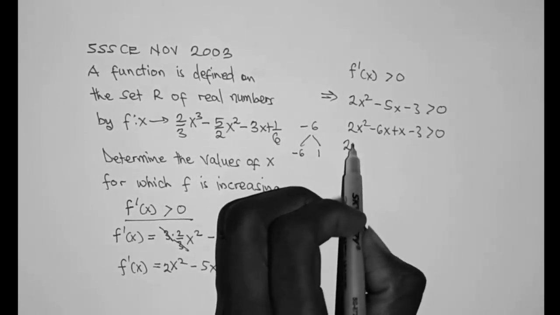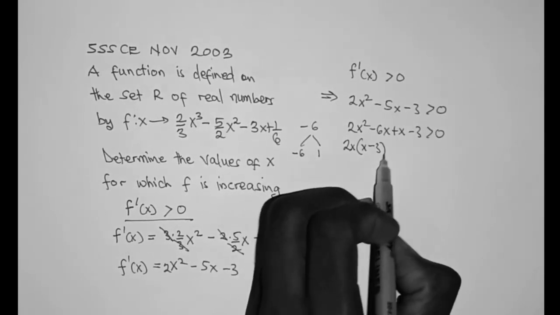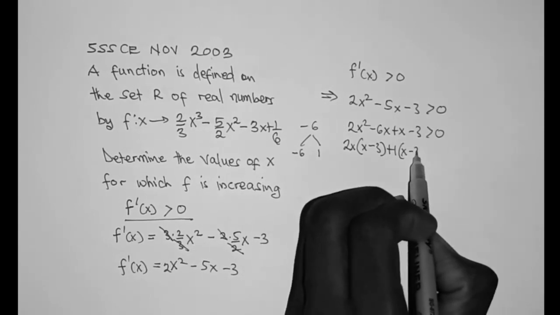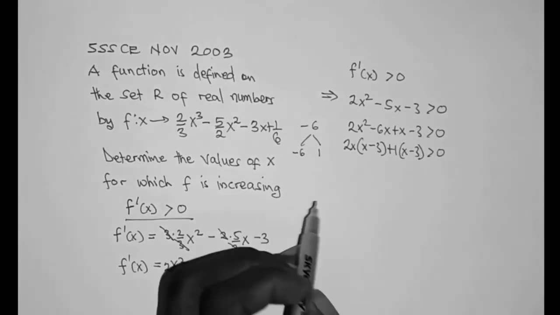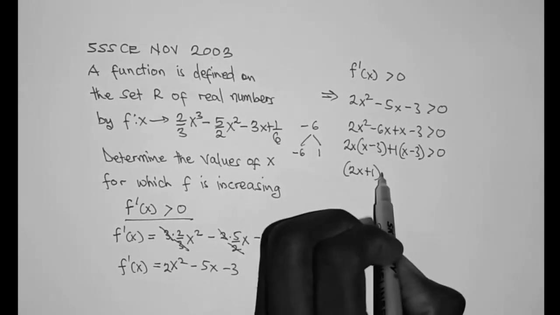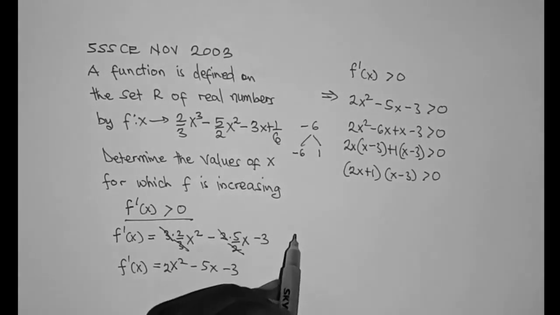So let's factorize 2x from this side. You get x minus 3 in one bracket, then plus 1 in another bracket. You get x minus 3 is greater than 0. So in one bracket you get 2x plus 1, times in another bracket x minus 3, is greater than 0.